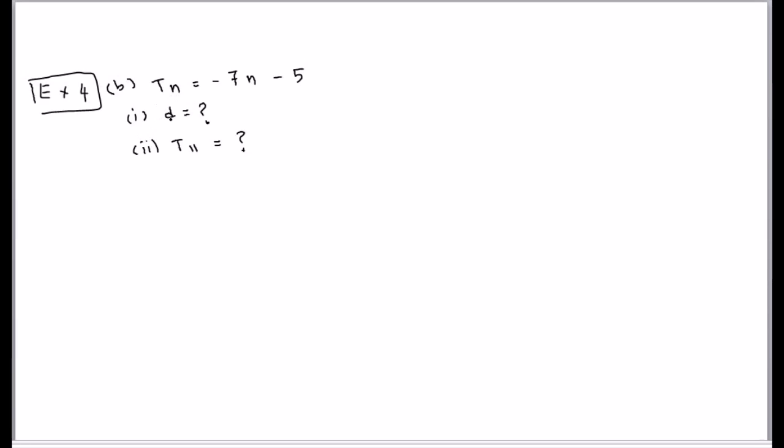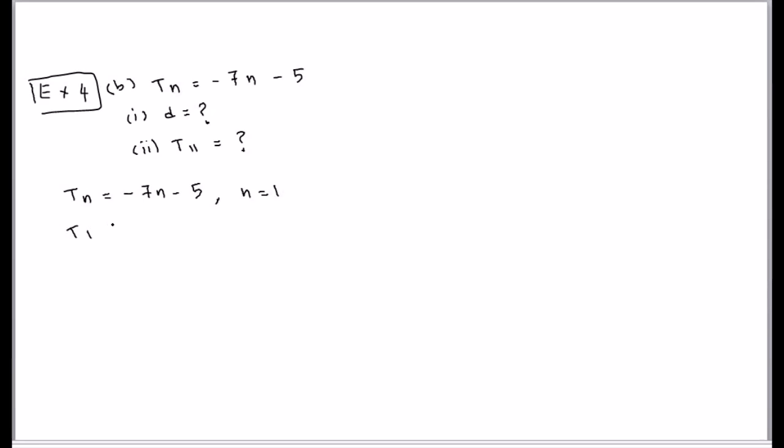To find D, we need to know A. A is the first term. So by using the given formula, Tn equals negative 7n minus 5, first term is when n equals 1.